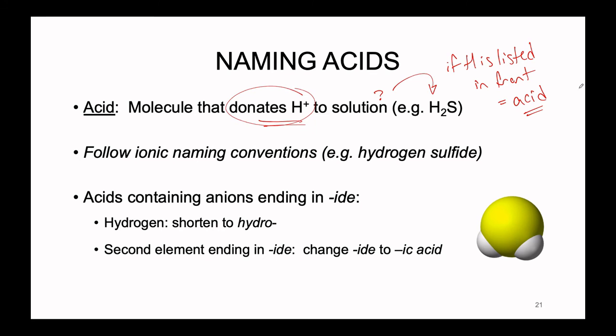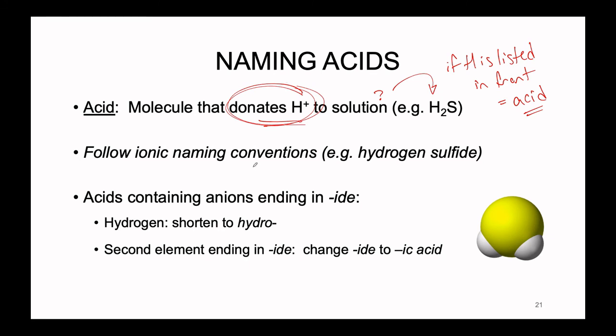And if we're working with an acid, we're going to have to follow some very special naming conventions because acids have a very special property to them. Not everything can donate H+ to solution. And in affecting the pH balance, it turns out that these molecules are pretty pivotal for things such as forming life on the planet. So we give them a special naming convention to reflect that.